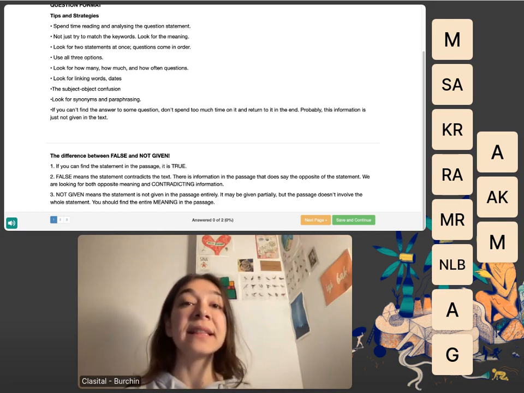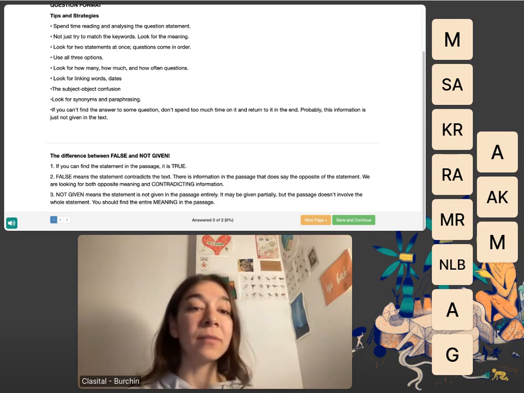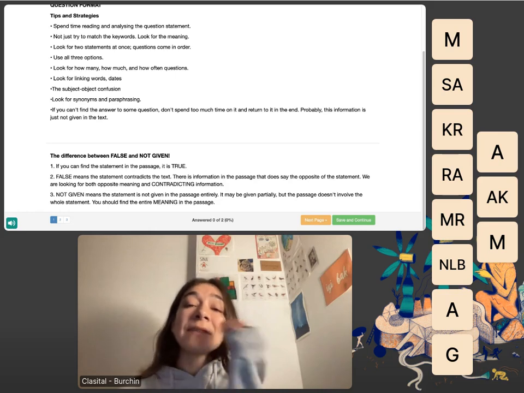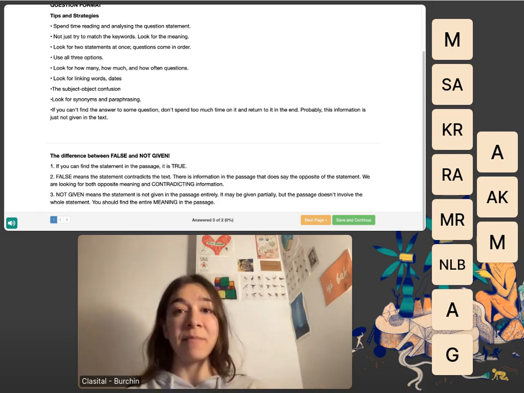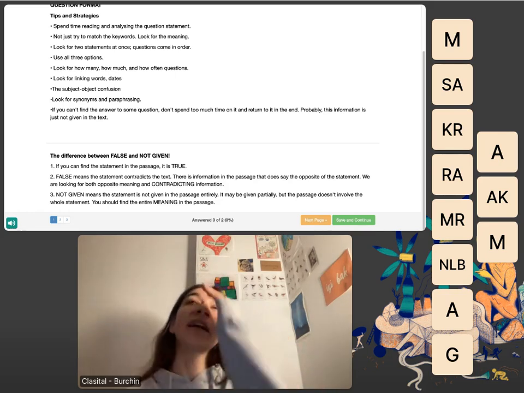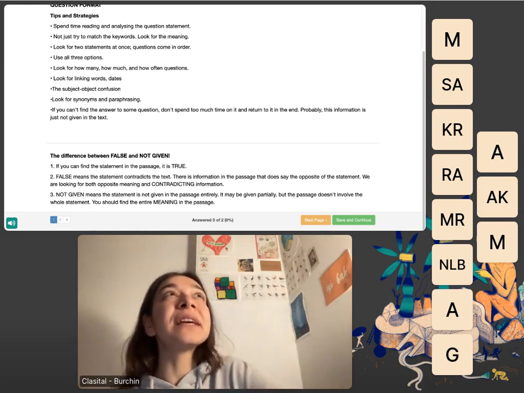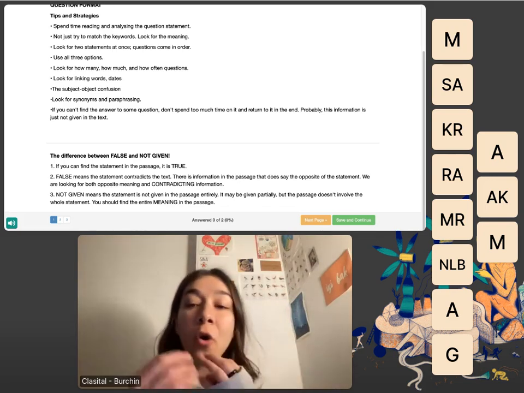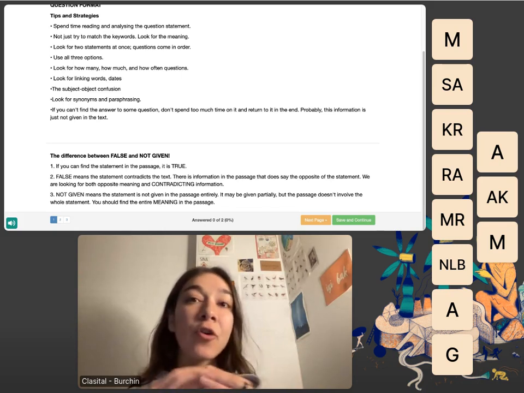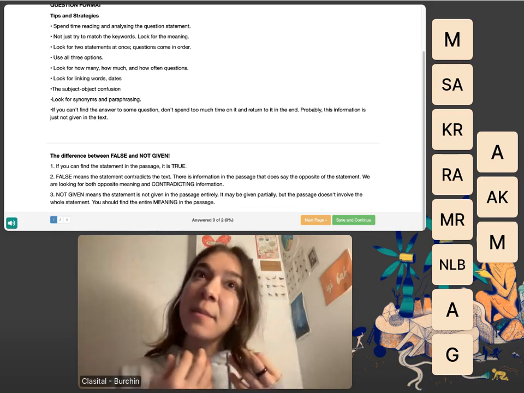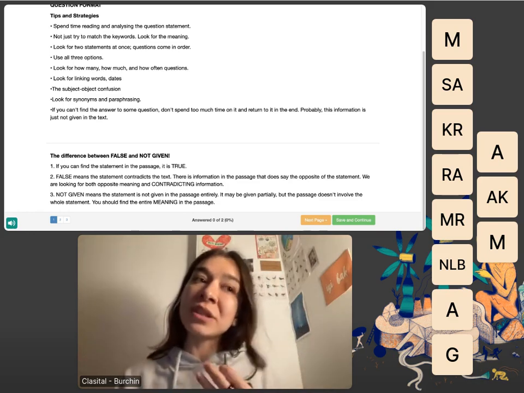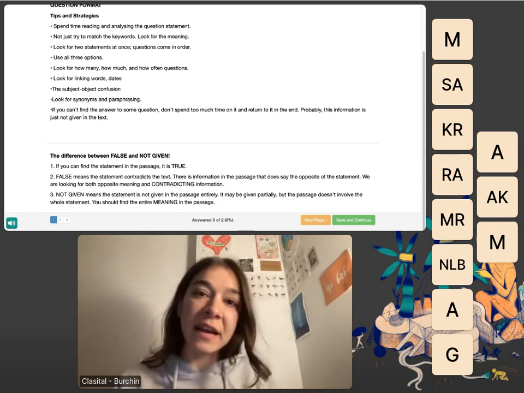And what is not given? Not given means the statement is simply not given in the passage at all. In not given statements, you will see there is some kind of comment, commenting on people's beliefs, people's emotions, or data.